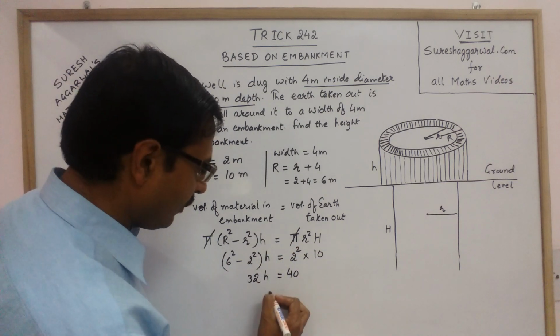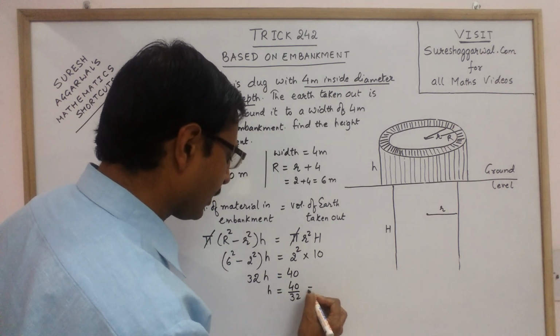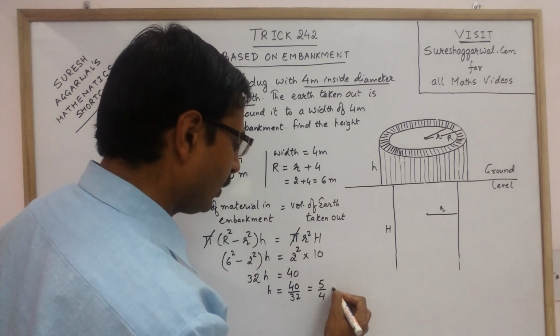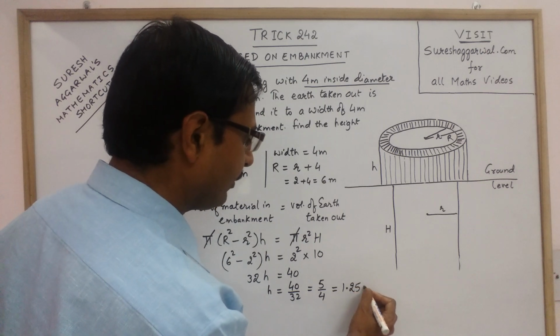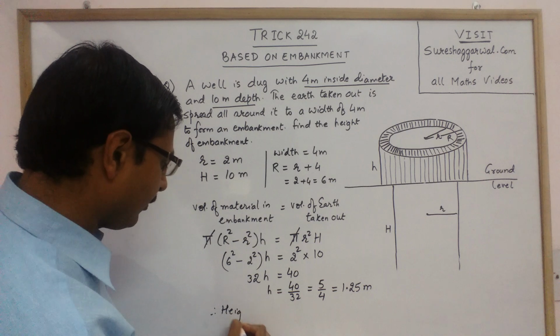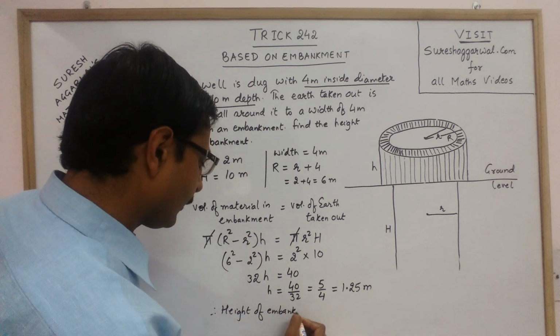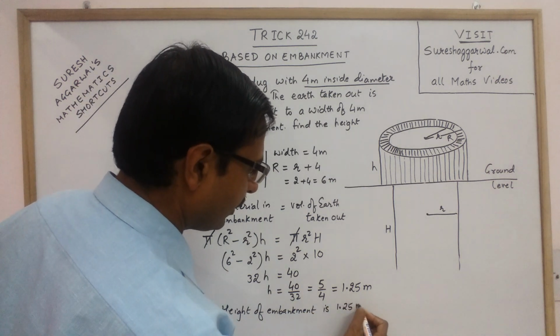So the value of h, the height of embankment, comes out to be 40 upon 32, which you can cancel by 8. This is 5 upon 4, and when you divide 5 by 4 it will come out to be 1.25 meters. Therefore height of embankment is 1.25 meters.